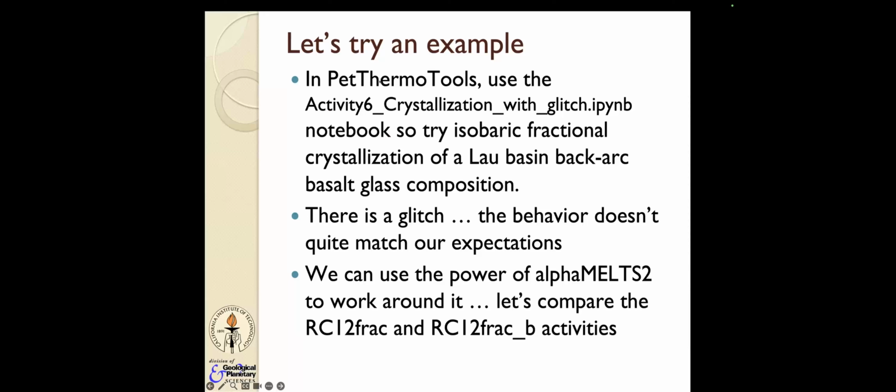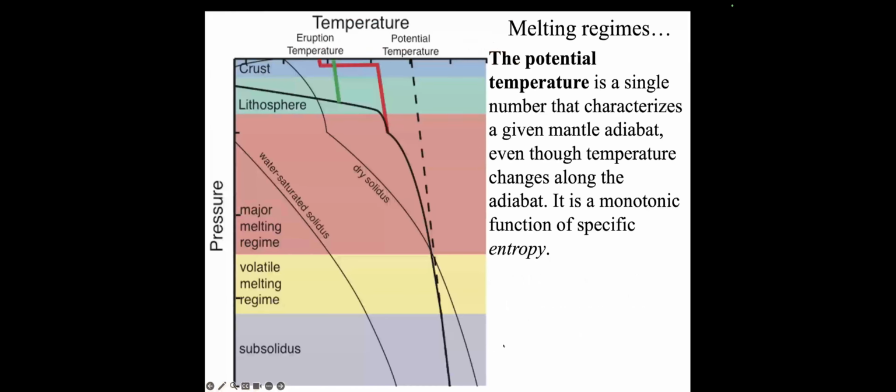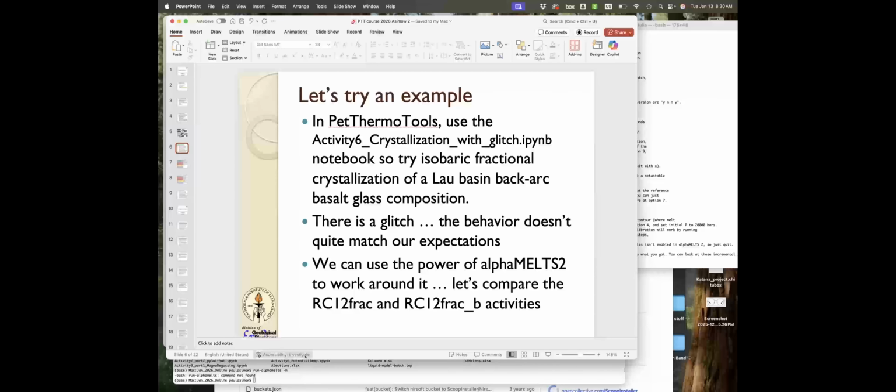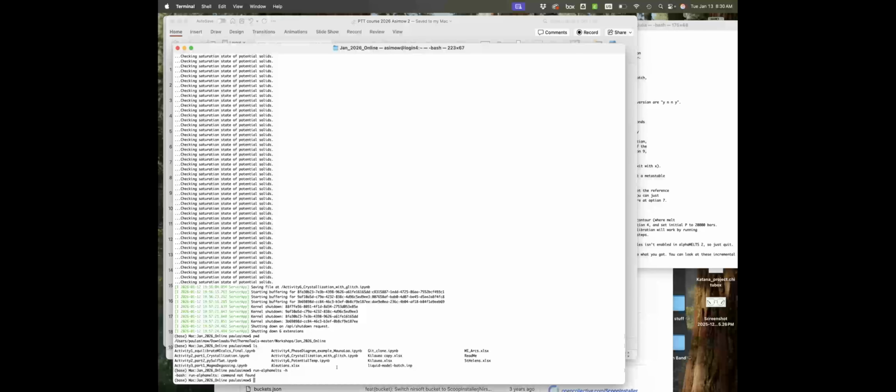So what I would like you to do is get PetThermoTools going again and open up the Activity 6 Crystallization with Glitch notebook. Okay, so I'm going to stop PowerPoint here and go to the directory where I have the Activity 6 Crystallization with Glitch notebook, and I'm going to start up Jupyter.